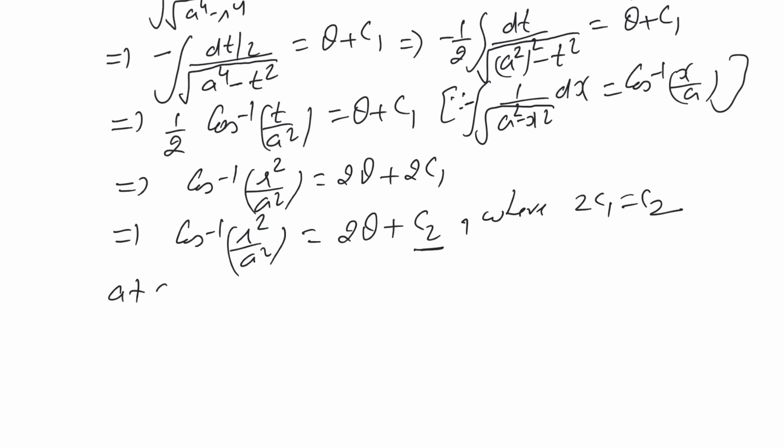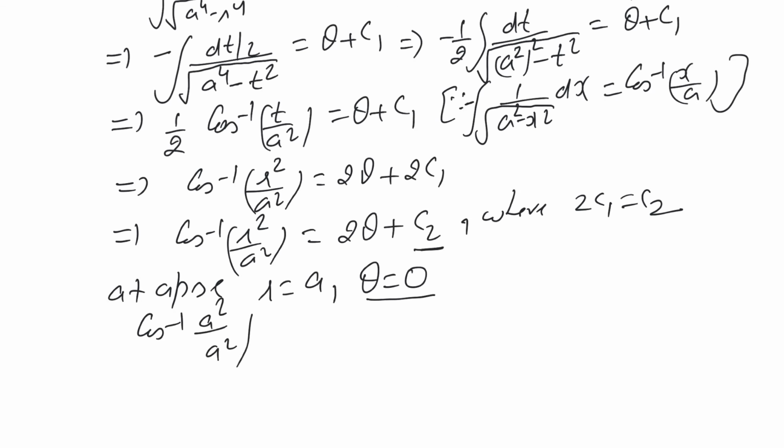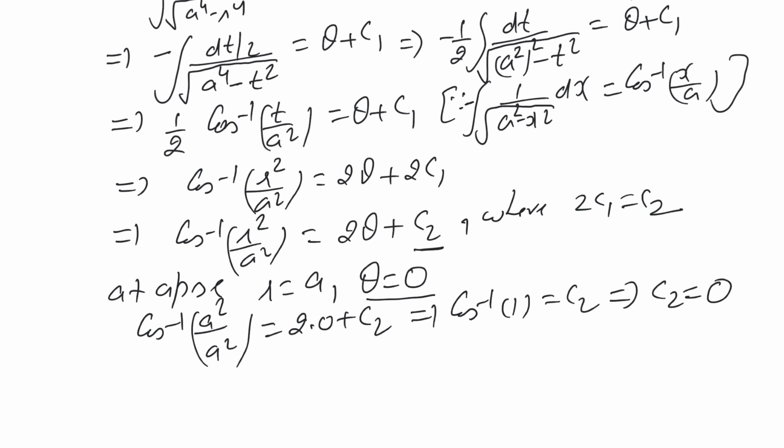At apse, again using the condition at apse, r is equal to a and theta is assumed to be 0 at apse. We assume that the initial line is along that particular line joining the center of the force and the apse. So theta is 0 at that particular point. Using this, cos inverse a square by a square is equal to 2 times 0 plus c2. This implies that cos inverse 1 is equal to c2, implies c2 is equal to 0, because cos inverse 1 is 0.